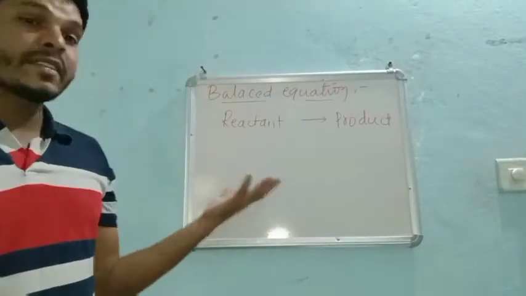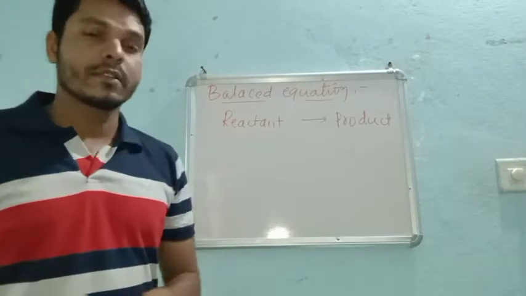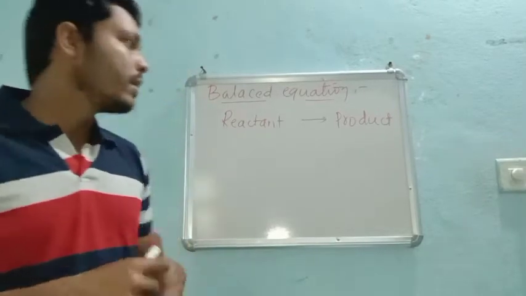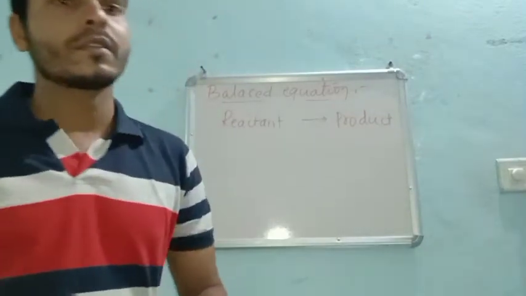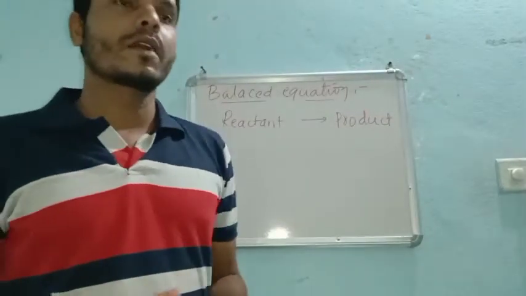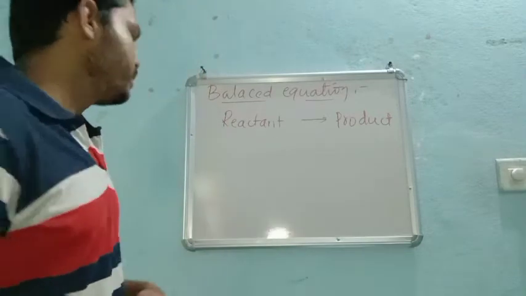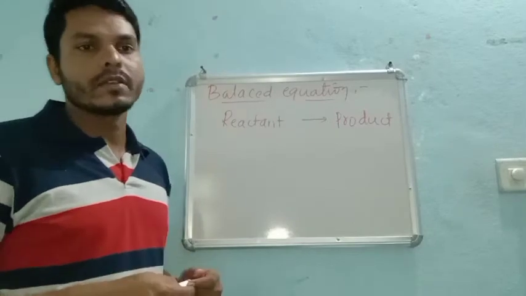The left hand side, what species or chemical compounds are there, are called reactants, and the right hand side, the compounds present there, are called the products. Now let me define what a balanced equation is.